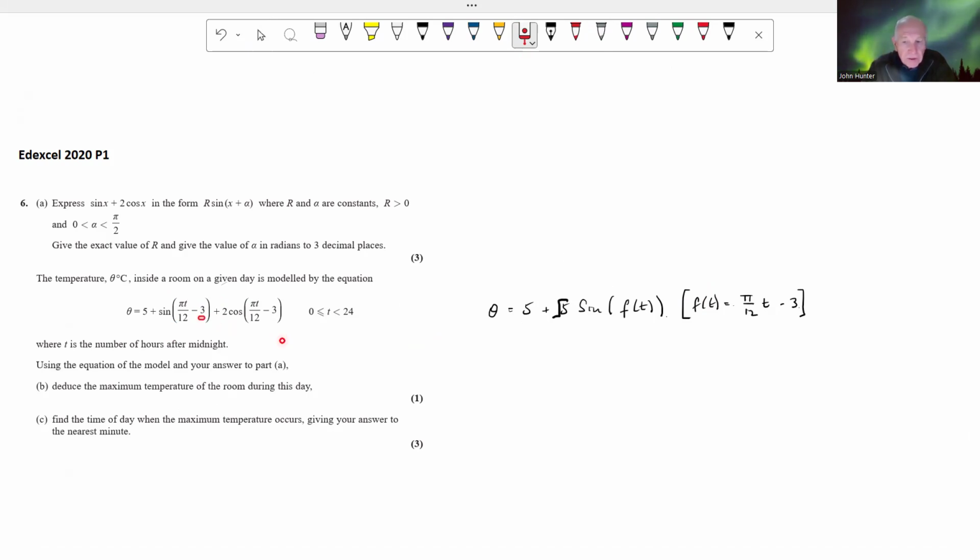This 3 rather than the 2 also means that we're effectively shifting further, so our maximum time is being shifted further to the right. And therefore it comes into more plausible territory, which is around nearly 2 o'clock in the afternoon, I think.